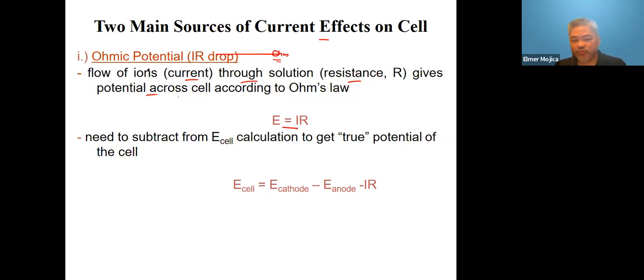So if you have an ohmic potential, you need to subtract it from your cell potential calculation to get the true potential of the cell. So i-consider mo yung Ohm's law. Okay? Aside from doon sa the usual calculation, the potential of the cathode minus the potential of the anode. But you have to consider here, okay, yung tinatawag nating IR drop.